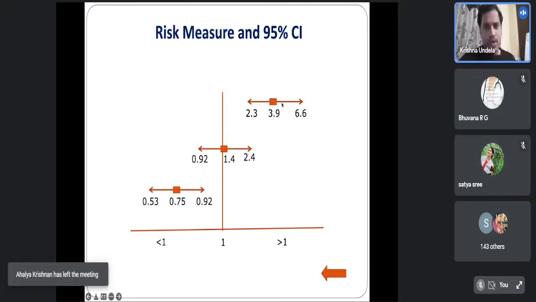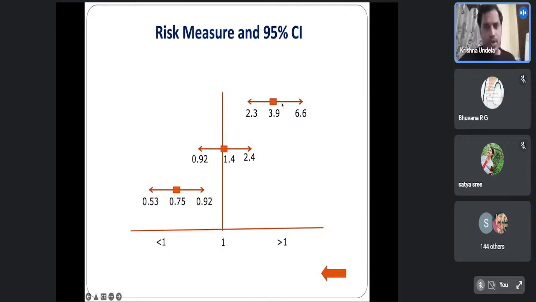So we can say that people who are taking empirical fluorescein have 25% less chance of getting the outcome compared to people who are not taking the empirical fluorescein. Very, very easy to understand the relative risk or the odds ratio or the hazard ratio along with the confidence interval. Hope you understand this.